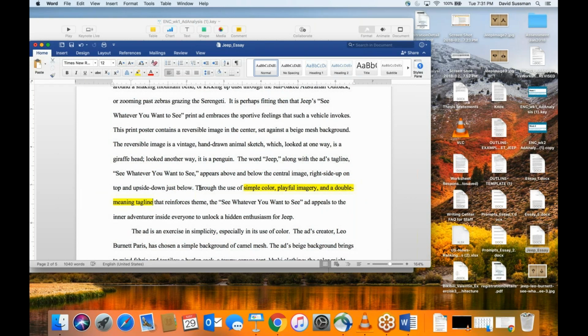The thesis will ultimately be the final line of your opening paragraph, and it sets the table for the entire paper. Okay. So here, through the use of simple color, playful imagery, meaning that animal imagery, that reversible image, and a double meaning tagline that reinforces theme, the GPAD appeals to the inner adventure inside everyone, blah, blah, blah.